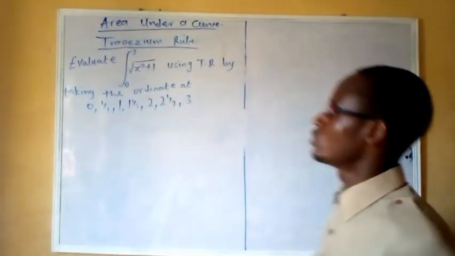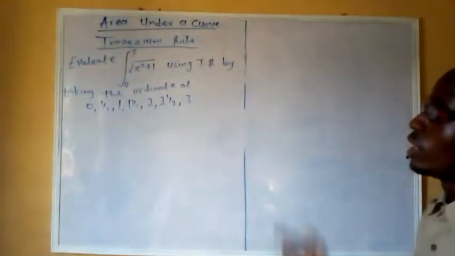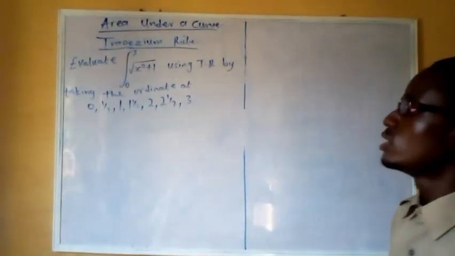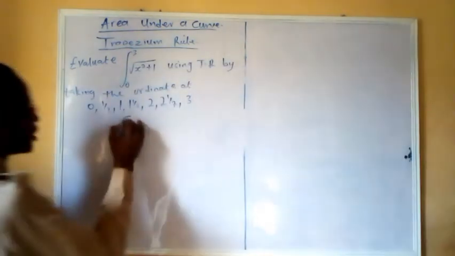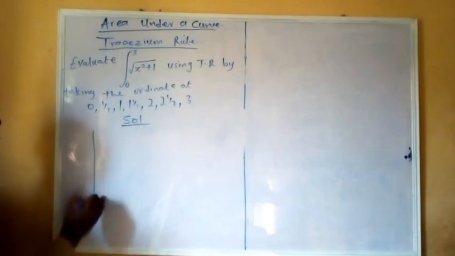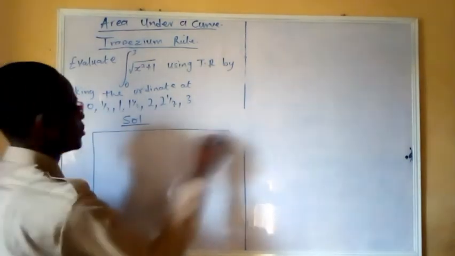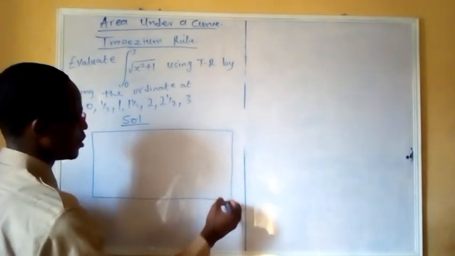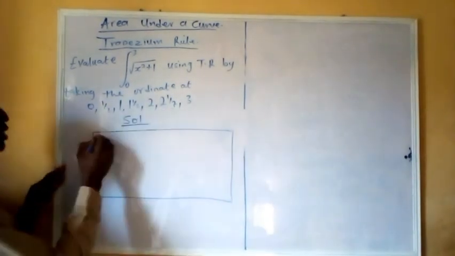So how do we make use of this in finding the area bounded by that curve? It's very easy. Firstly, we create a table. In our table, we are going to have the intervals, which represent x.